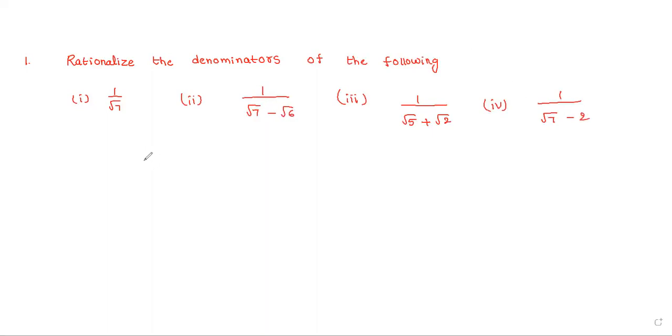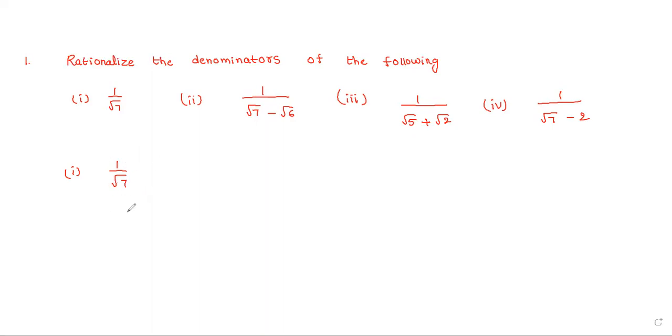The first question, 1 by root 7. Rationalizing the denominator. What is the denominator value? Root 7. So dividing and multiplying. In this type of question there is only one number, 1 by root 7.